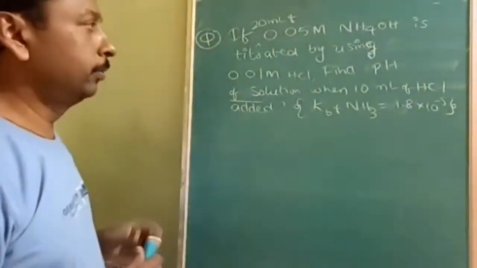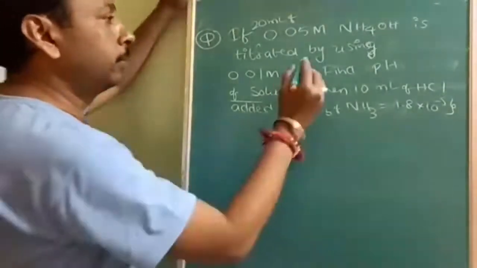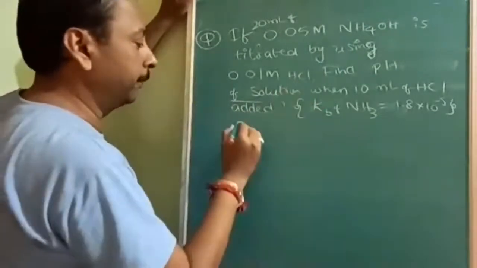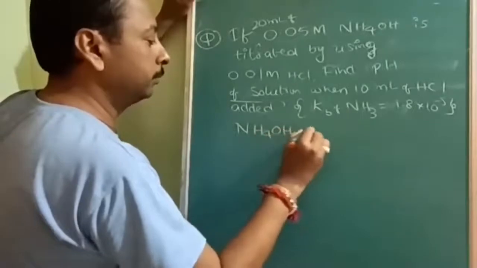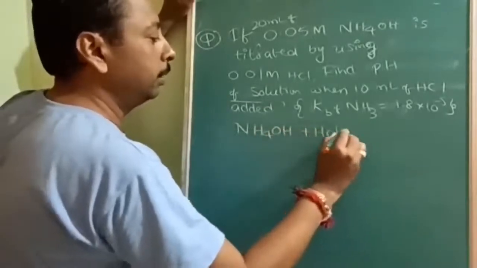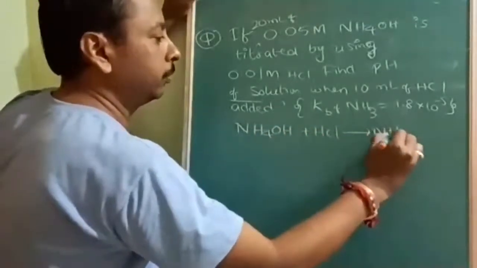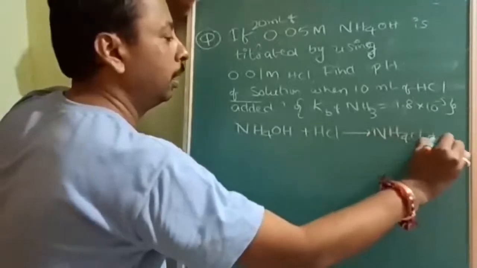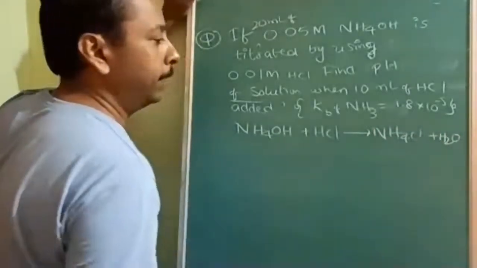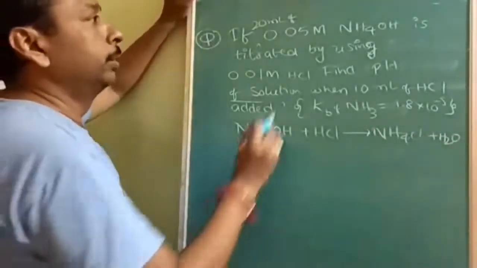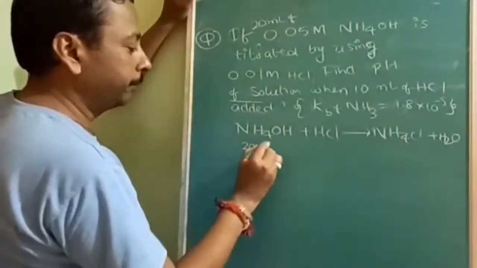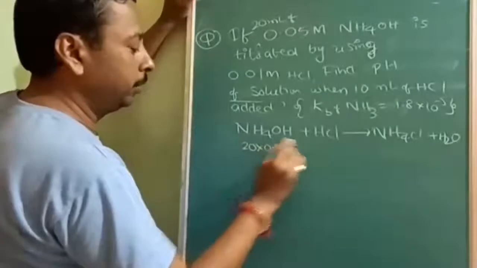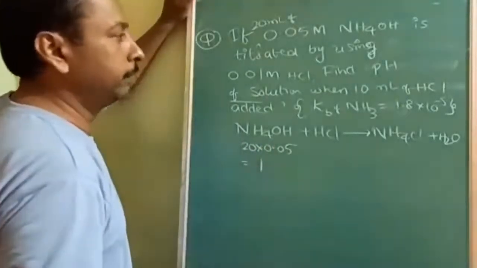Listen now, I will tell how to approach. First, you should write the reaction. NH4OH plus HCl, then what will it form? NH4Cl plus H2O. First, 20 into 0.05, what is the answer? 1.